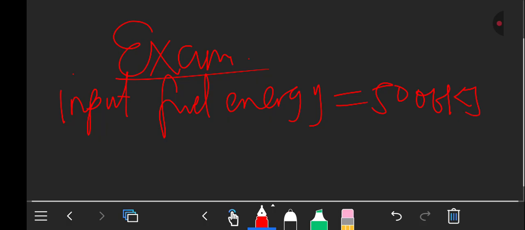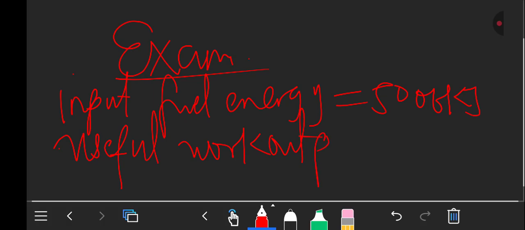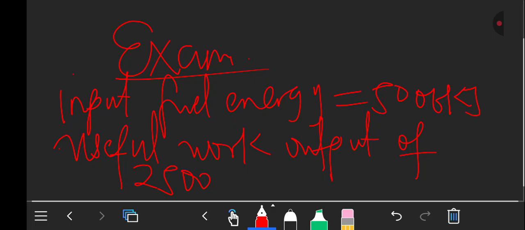Then it produces a useful work output of, or should I say 2,500 kilojoules. So the useful work output is 2,500 kilojoules.